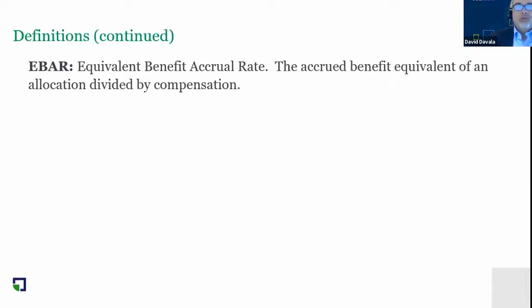Some more definitions. An important definition we're going to talk about, and in examples, is the EBAR, the equivalent benefit accrual rate. EBARs are used for non-discrimination testing. An EBAR is the accrued benefit equivalent of an allocation divided by compensation.